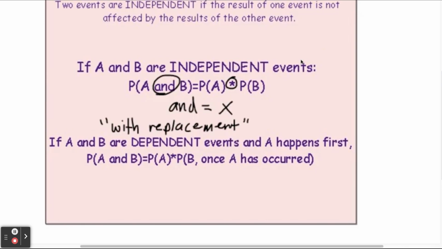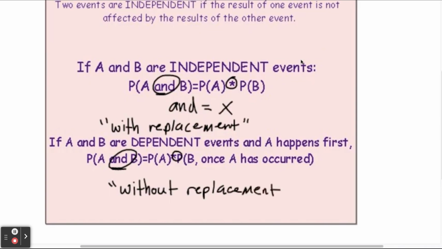On the other hand, if we have independent events, then we could also have dependent events, where quite literally the probability of one event depends on the probability of the other. It's still an and problem, so you're still going to be multiplying. But in this case, you're going to see a phrase like without replacement.